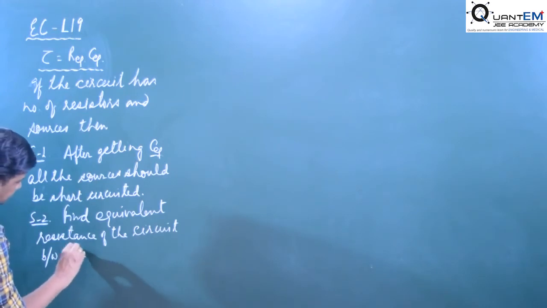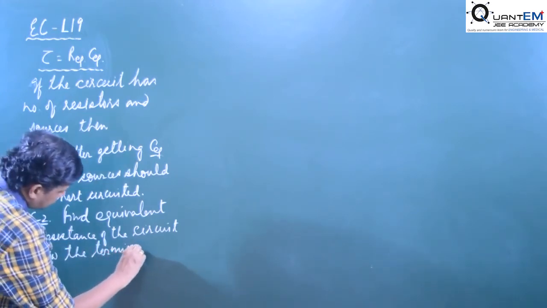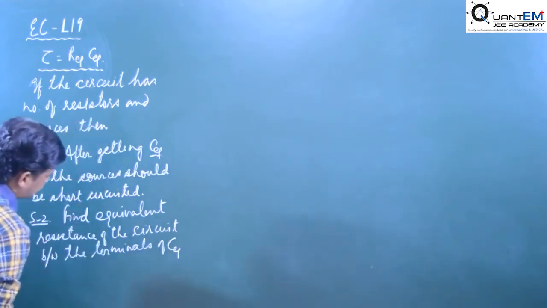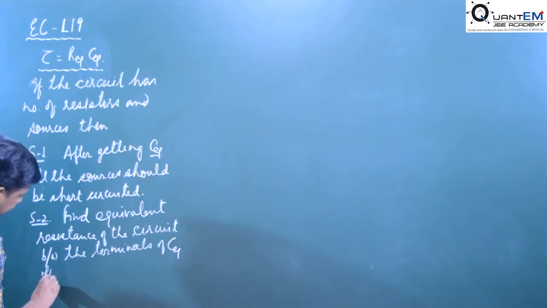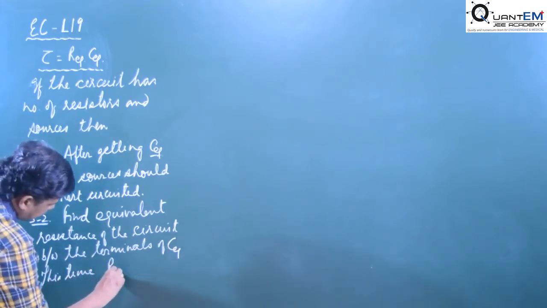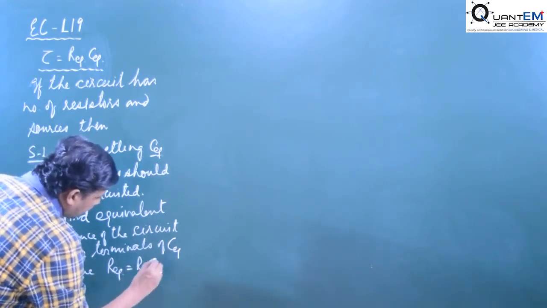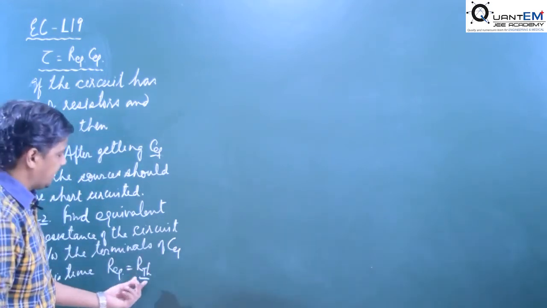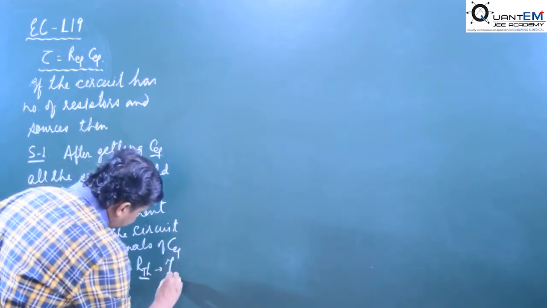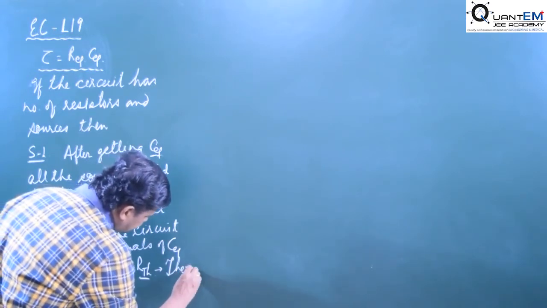Between the terminals of C equivalent, this R equivalent is called RTH. RTH means TH for Thevenin, that is the Thevenin resistance.